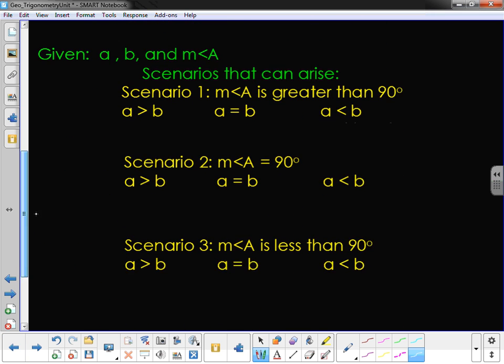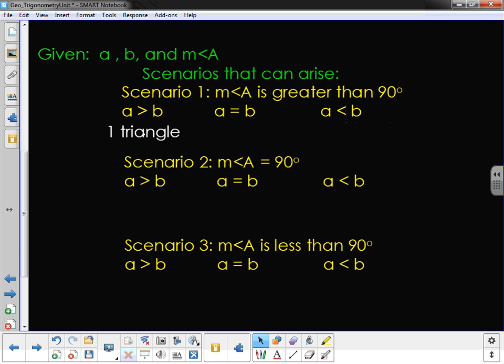Well, what happens is we end up with three different scenarios that we really have to look at. And the first scenario is, what if the angle that they give us is greater than 90? Well, then I look at the sides. If the side opposite that angle, so if the A is bigger than the B, what happens is I have one triangle.